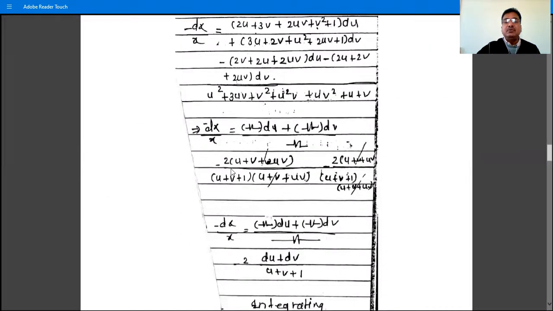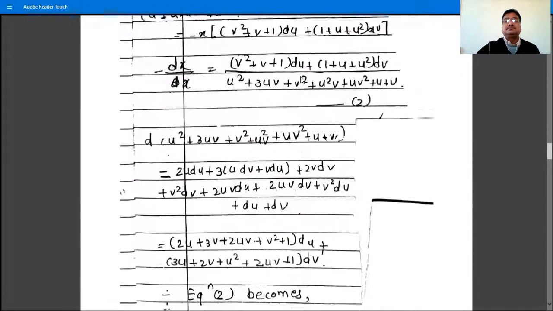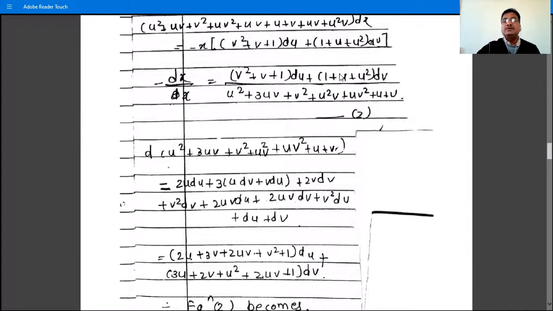So subtract 2u, minus 2u. Similarly, subtract 2v, minus 2v, and subtract 2uv, so plus 2uv, minus in bracket this term, dv. That is, if you take dv as common from these two and find the addition and subtraction, we have the answer 1 plus u square.